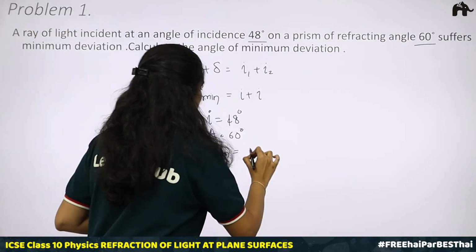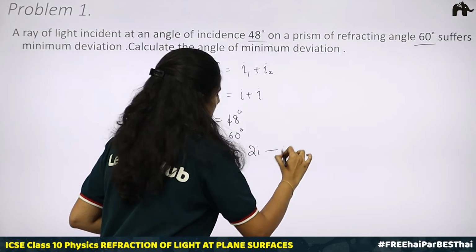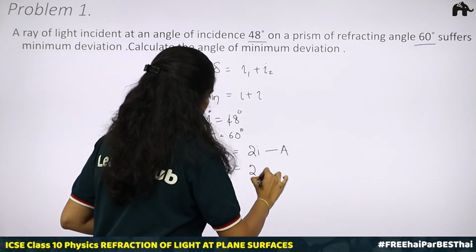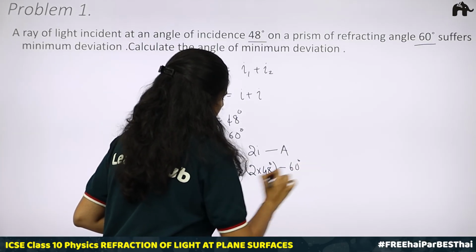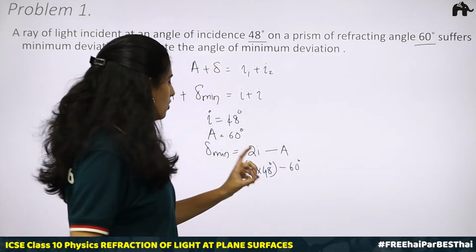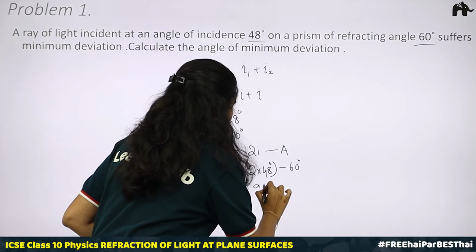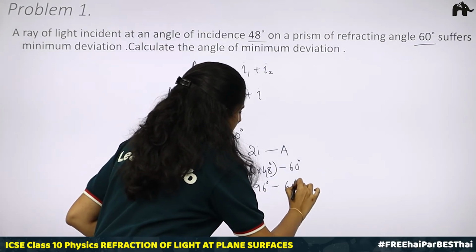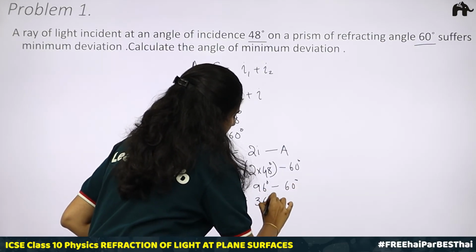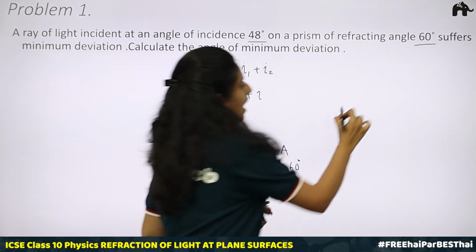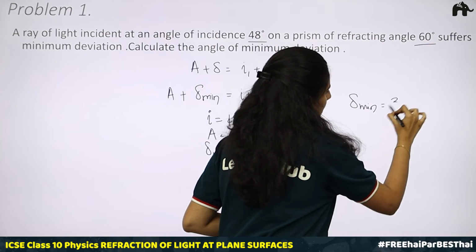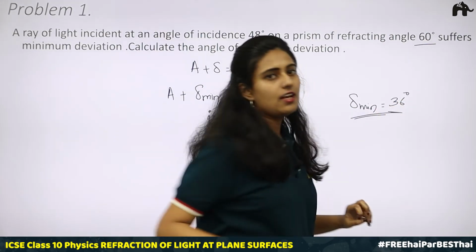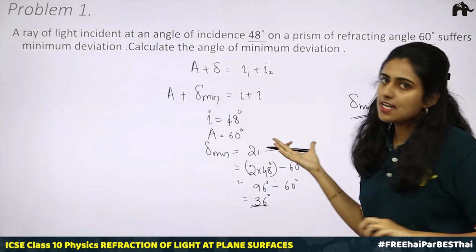It is equal to 2 times I minus A, which is 2 into 48 degrees minus 60 degrees. 48 degrees into 2 is 96 degrees, minus 60 degrees, which is 36 degrees. The angle of minimum deviation in this case is equal to 36 degrees. If you just know the formula and substitute the values, you will easily get the answer.